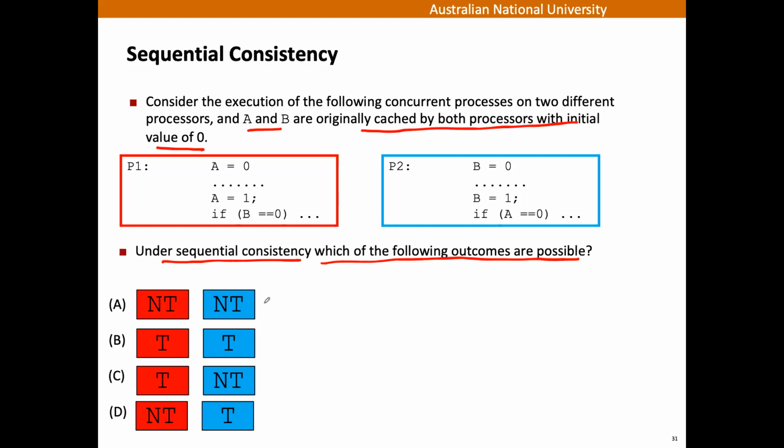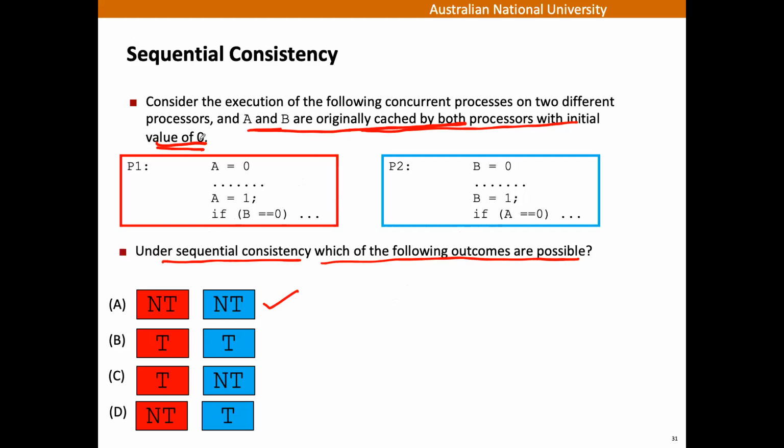What about this one? Is it valid or not valid? So imagine that P2 is stalled. P2 does nothing. P1 executes first, and initially A and B are cached with initial values of 0.